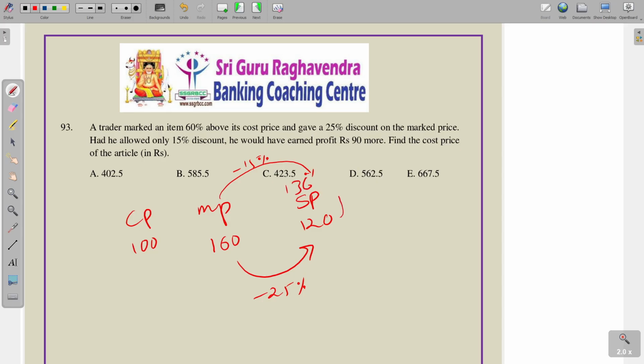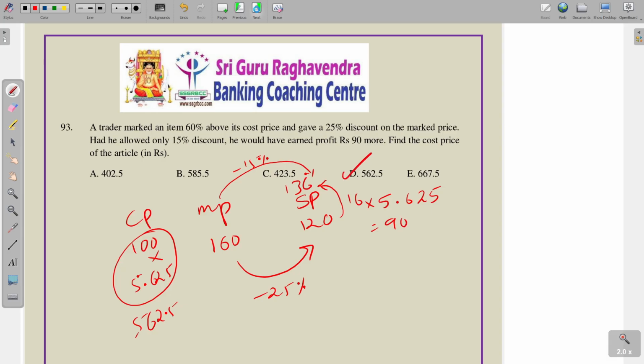So he would have earned 16 more, and 16 is converted into 90: 16 fives are 80, 16 sixes are 96. They want to find the cost price of the article, so it is also multiplied by 5.625. The answer is 562.5. This is the answer for this question.